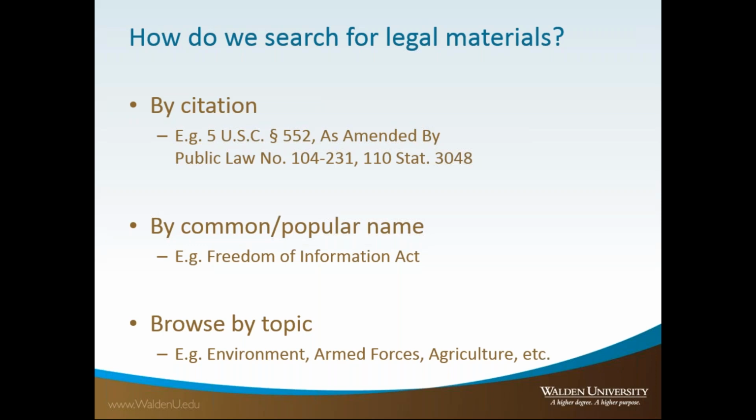It's completely different. If you have the citation, that's always great, but a lot of times we don't. And when we don't, we rely on keyword searching, or if we have a popular name or the common name of a particular policy or law, we can use that. And then aside from that, we're just going to be browsing by general topic or keyword.